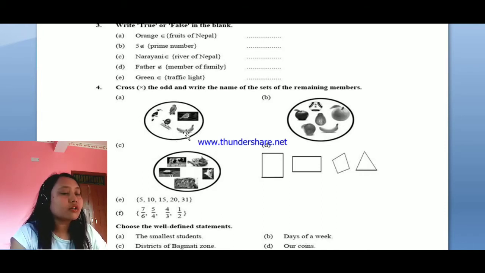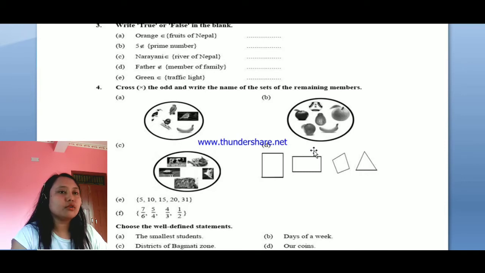So we will cross the banana, and we will write the name of the set of the remaining members. What will we write? We will write set of birds.